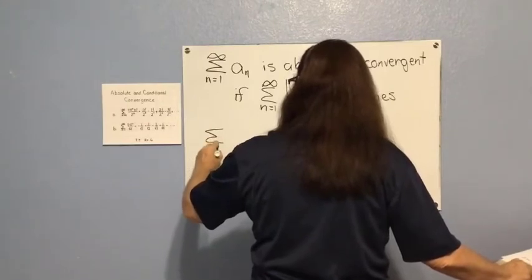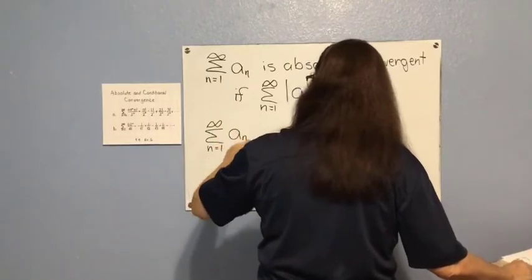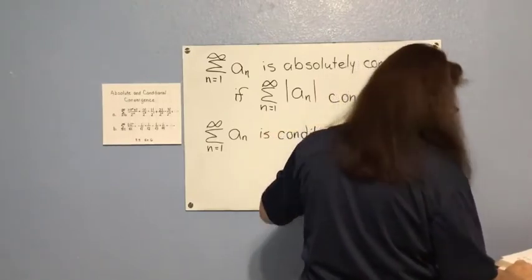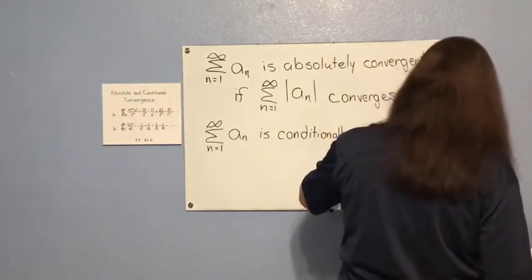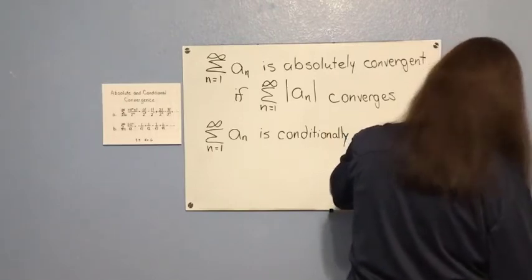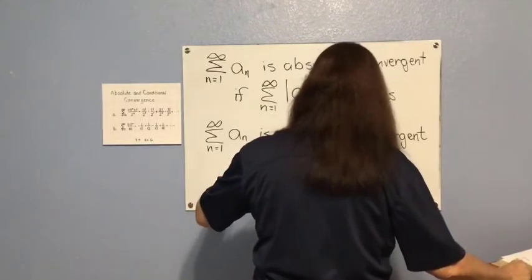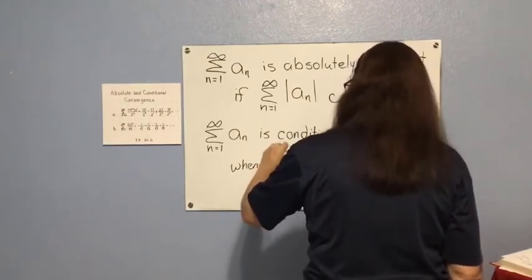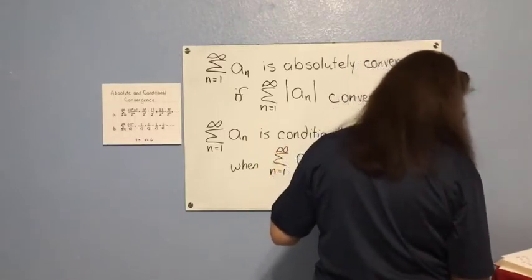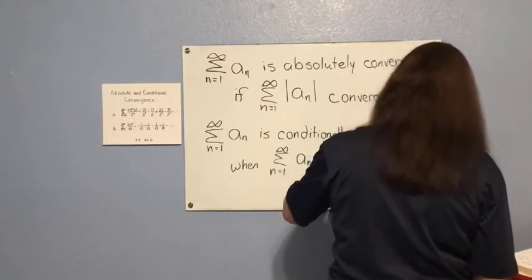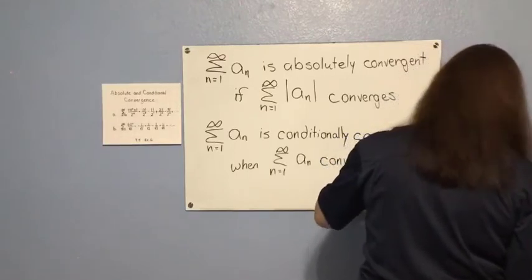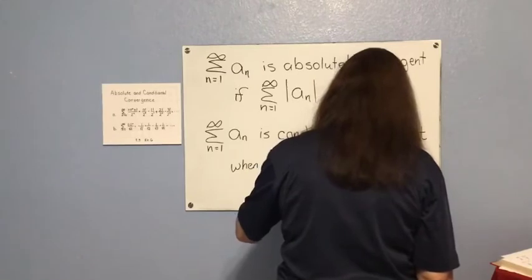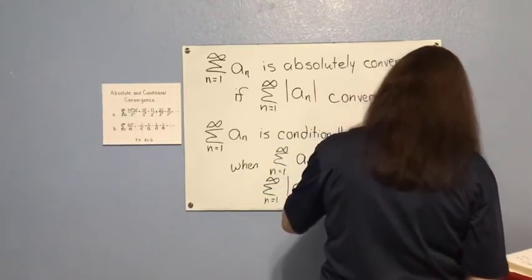And we would say that this sum is conditionally convergent when the sum of a sub n converges but the sum of the absolute value of a sub n diverges.